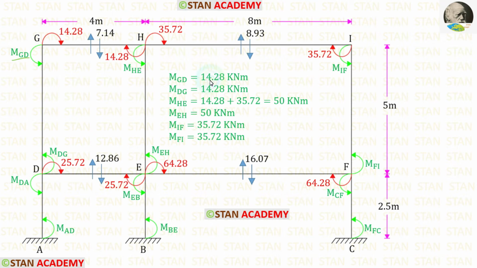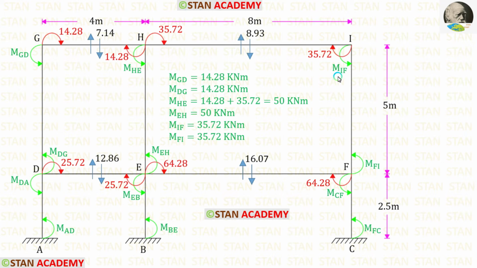So MGD is also 14.28. We know that in a member at both of the ends, the moments will be same. So if MGD is 14.28, MDG also should be equal to 14.28.